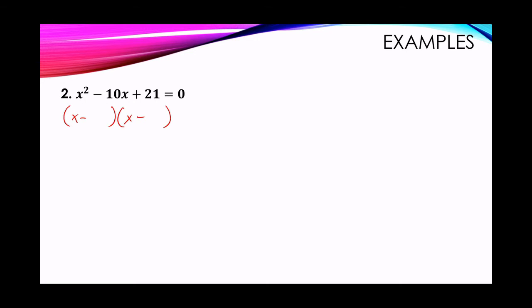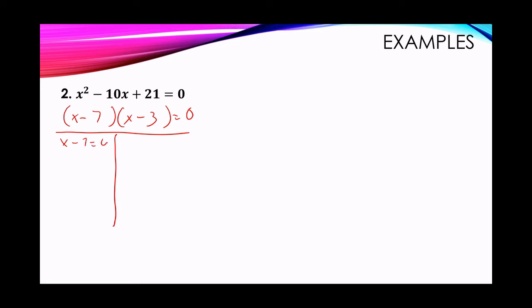So hopefully you figured out it's going to be 7 and 3 that will add up to 10. Again, I'm just going to use this little T chart because this is still equal to 0.